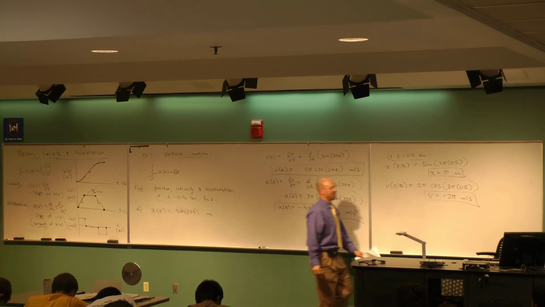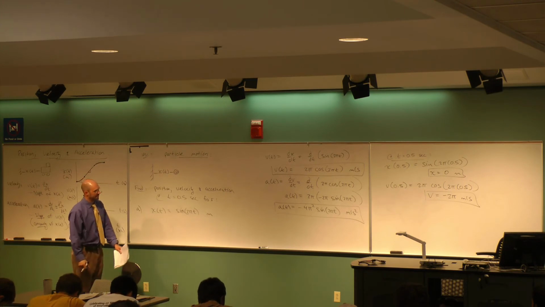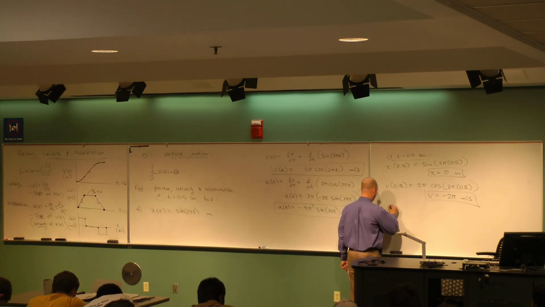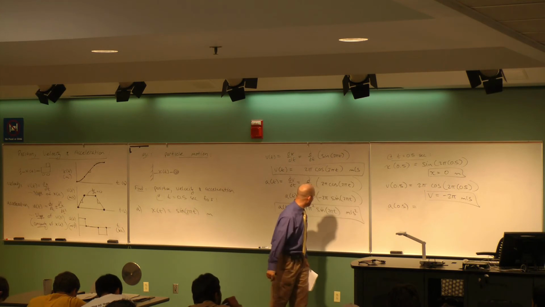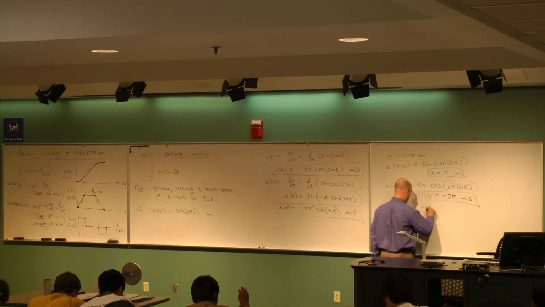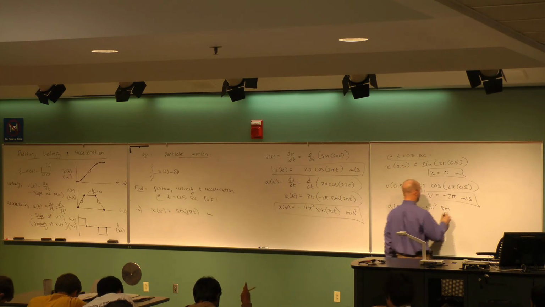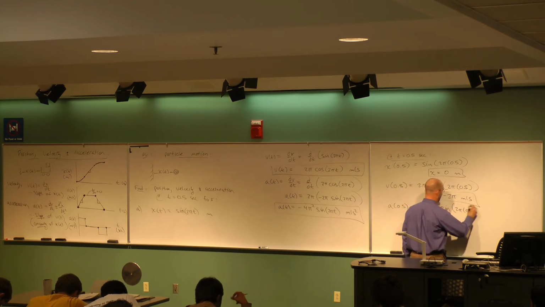All right, so apparently I'm at the starting point. I'm moving which way? To the right or to the left? Moving to the left, okay? And what's happening to my speed? I need the acceleration at 0.5. Okay, so according to that, it's negative 4 pi squared times the sine again, of 2 pi times 0.5.